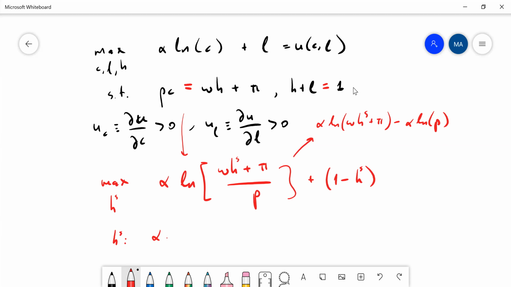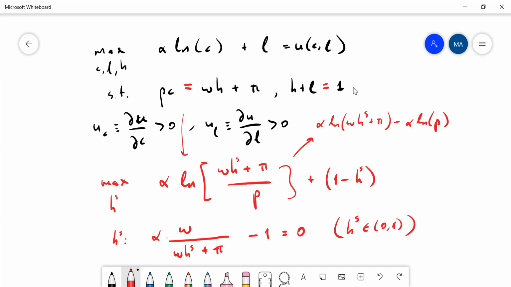You have alpha times W divided by WHS plus pi, right? That's the derivative. Then what's the derivative of the leisure term with respect to HS? It is equal to minus 1. Now, suppose that we are looking at an interior optimum.